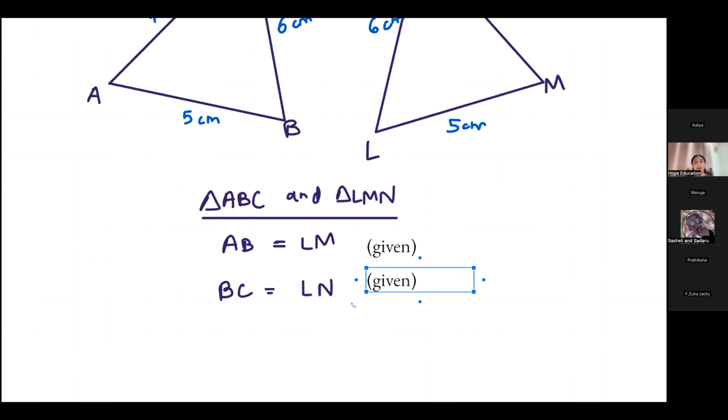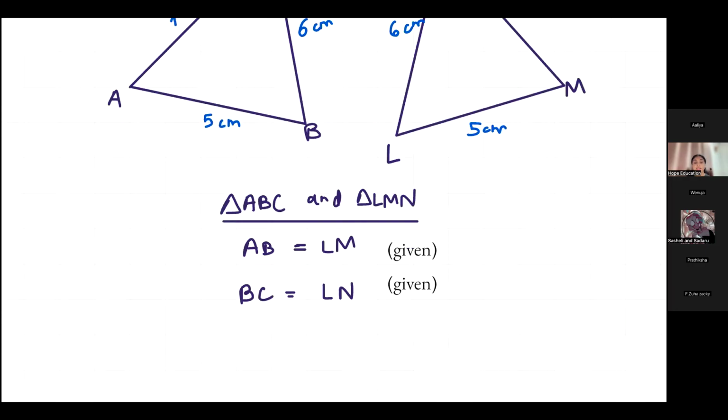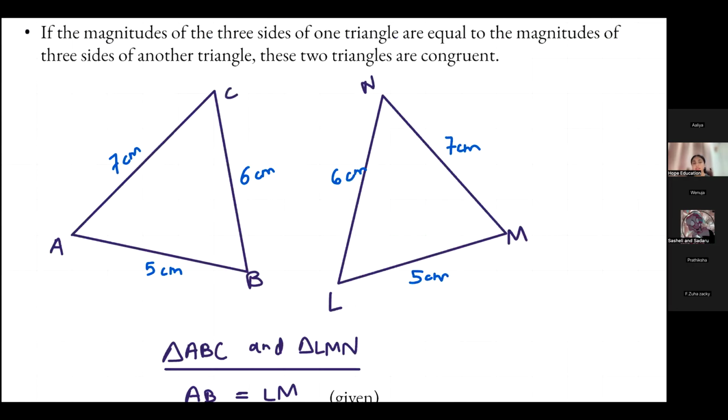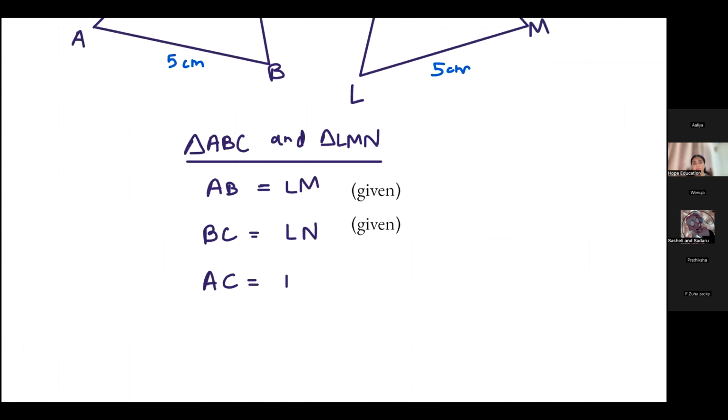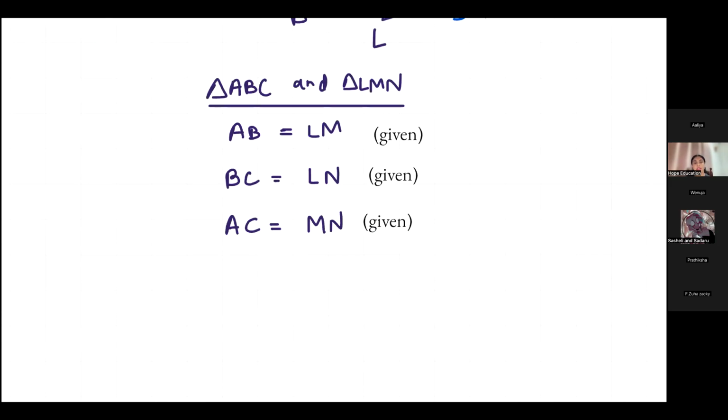Then AC side, which is 7 centimeters, is equal to MN side, which is again 7 centimeters. And that is also given. Therefore, we can say triangle ABC is congruent to triangle LMN under the SSS case.